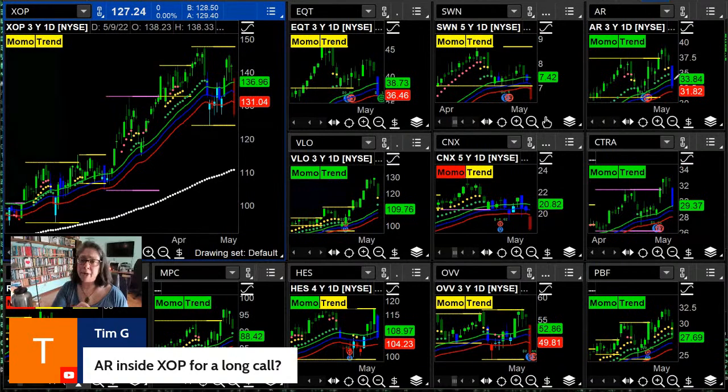And so a minor low or inside day today would be preferable. Holding the wave would be preferable. But I'd also say take a look at the individual stocks that haven't dove quite as deeply into the wave and might be holding a little bit better. But they all had pretty dramatic moves to the downside. So yes, AR inside of XOP. Yes, the synapses are finally firing. Yes, I don't have a problem with that.